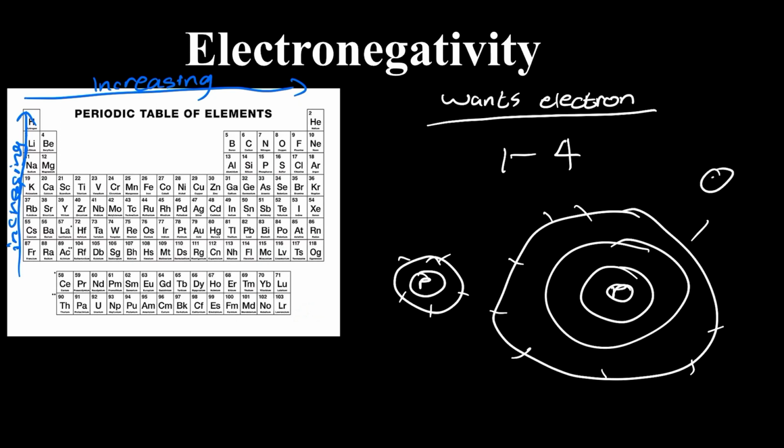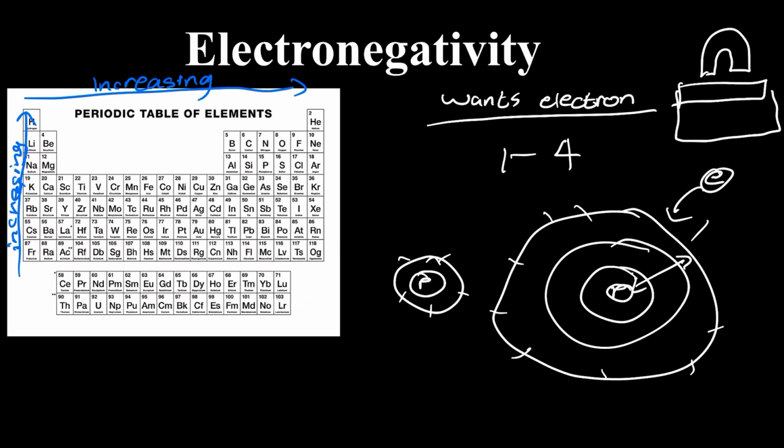So when an electron comes in, it's going to come to the outer shell, the valence shell. But look how far it is from the protons. The proton's not going to want it that much. Think again about our image of the book and the magnet. The thicker the book, the longer the distance, the less it's going to want that extra electron, so the lower the electronegativity is.